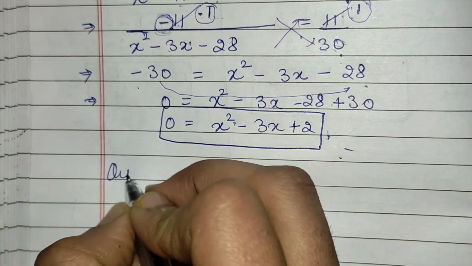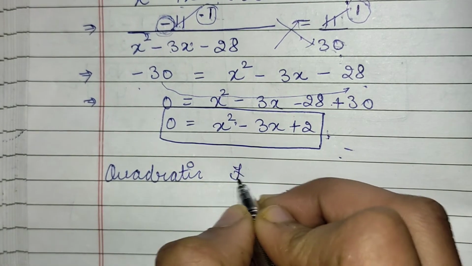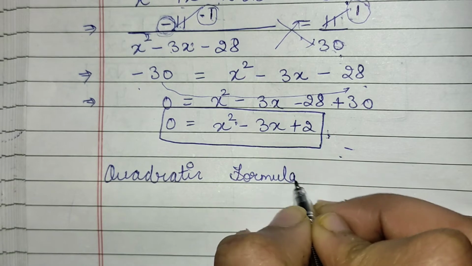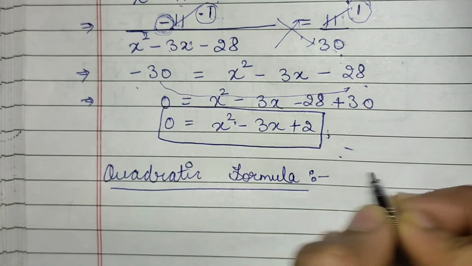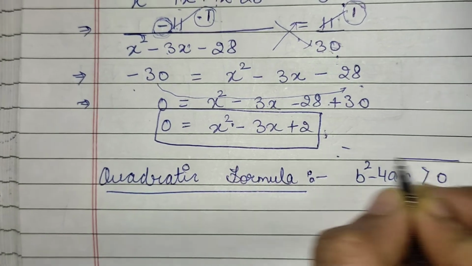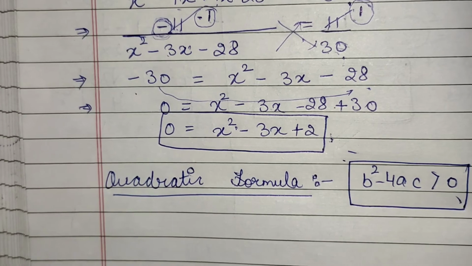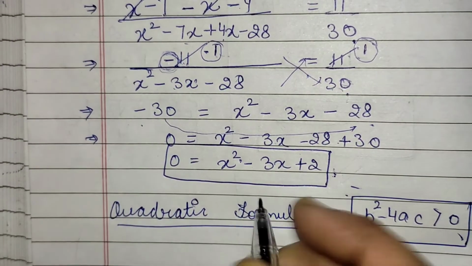So I am using the quadratic formula. Okay, so what does the quadratic formula say? You have to first check whether b square minus 4ac is greater than 0 or not. Okay, so how do we find out a, b, c?